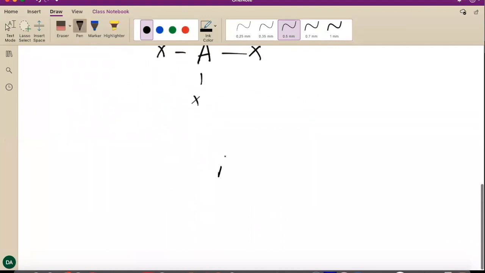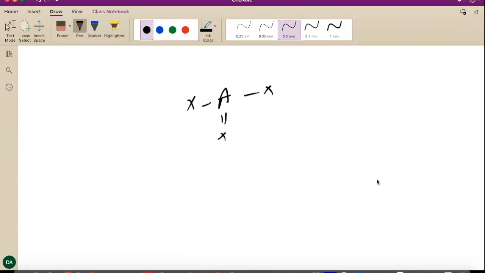Now I'm going to give you another example. Now with this case, tell me how many neighbors does this A have? Four, or does it have three neighbors? Four, because it has the double bond, right? Do you think having a double bond gives it an extra neighbor? No, the double bond doesn't matter.